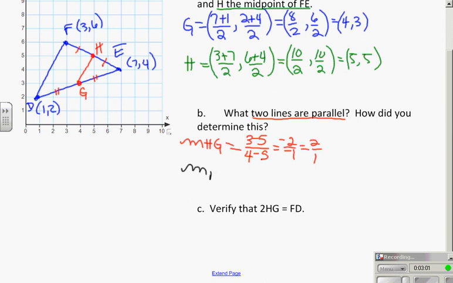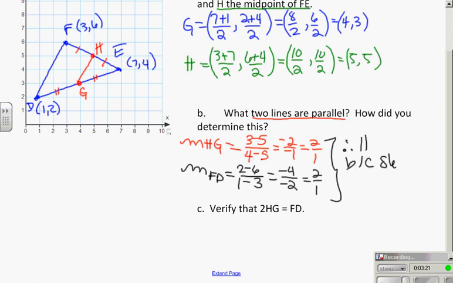And the slope of FD, which is 2 minus 6 over 1 minus 3, which is negative 4 over negative 2, which reduces to 2 over 1. And if you remember, therefore my lines are parallel because the slopes are the same.